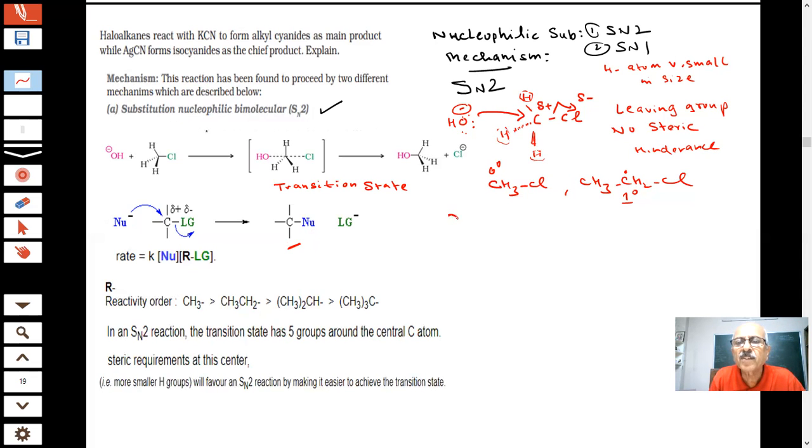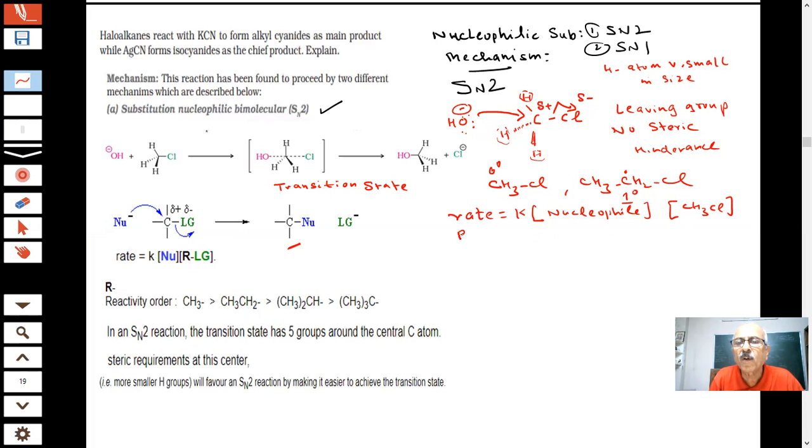And in such reactions, as you have studied in chemical kinetics, the rate is equal to the rate constant times the concentration of the nucleophile, and the rate also depends on the alkyl halide, here CH3Cl. So what is the order? 1 and 1, 1 plus 1 means 2.